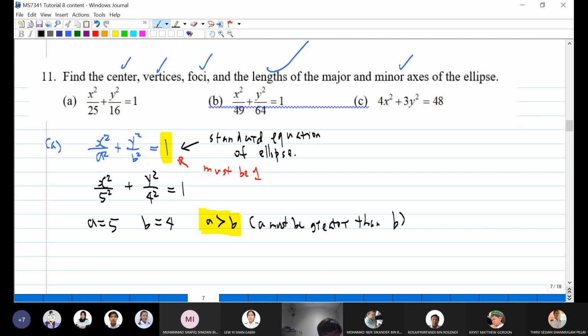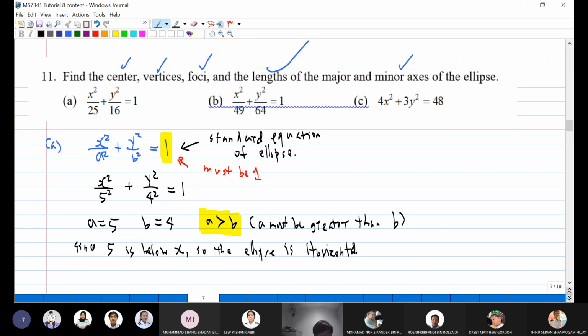Okay, 5 is under x. Since 5 is below x, the ellipse is horizontal. x is always horizontal.